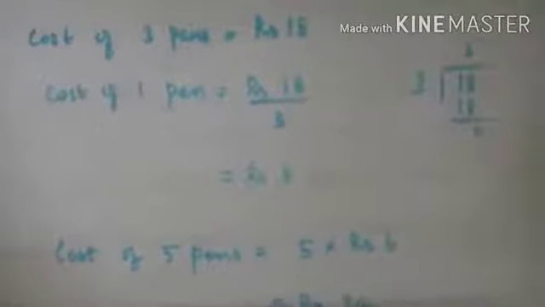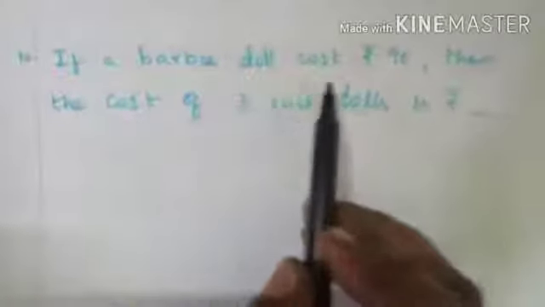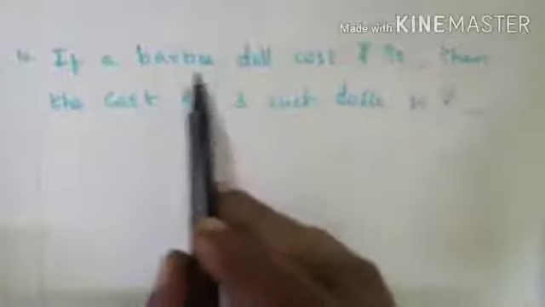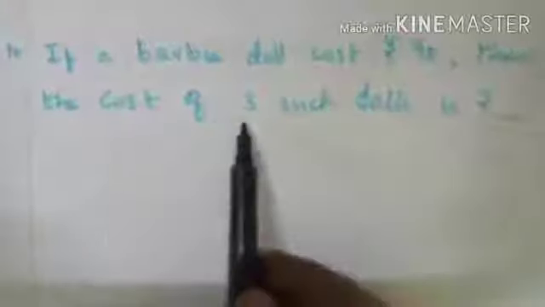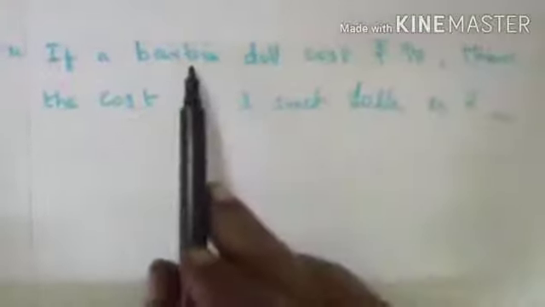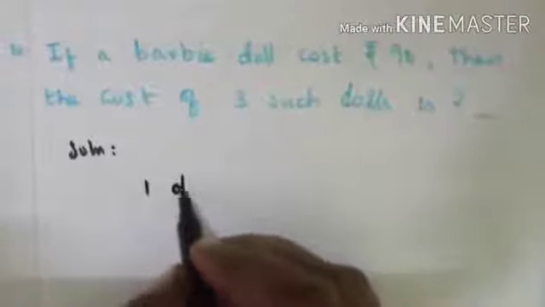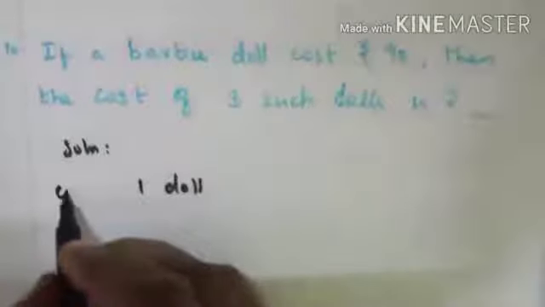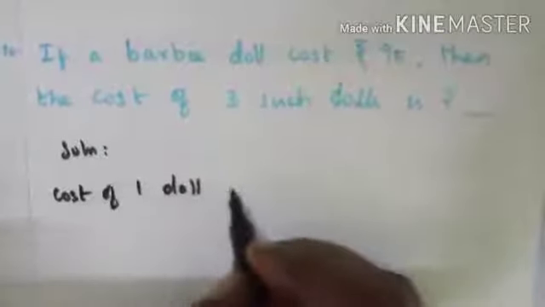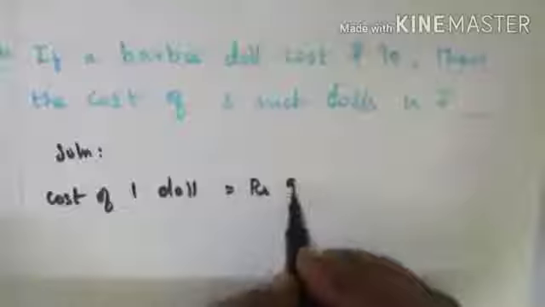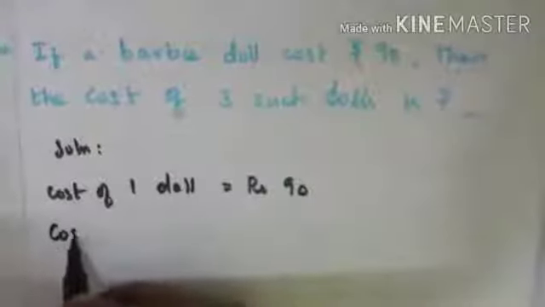Next question: if a Barbie doll costs rupees 90, then what is the cost of 3 such dolls? The cost of one doll is rupees 90, isn't it? Next, what is asked?